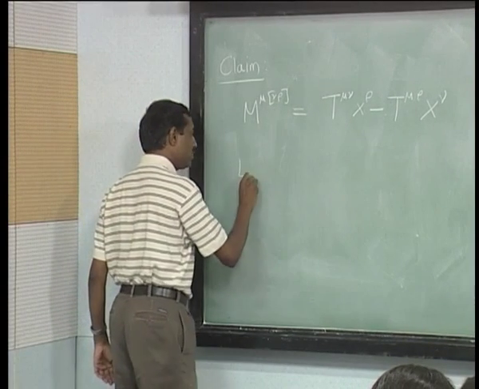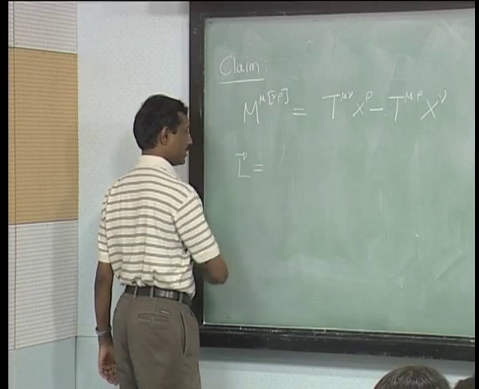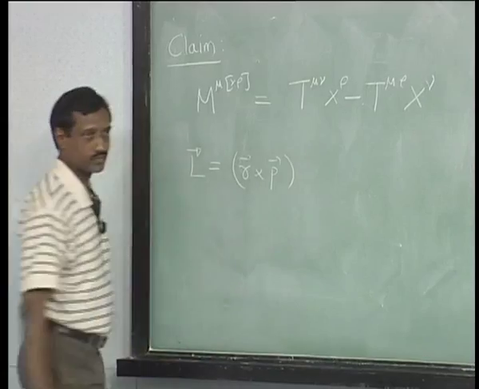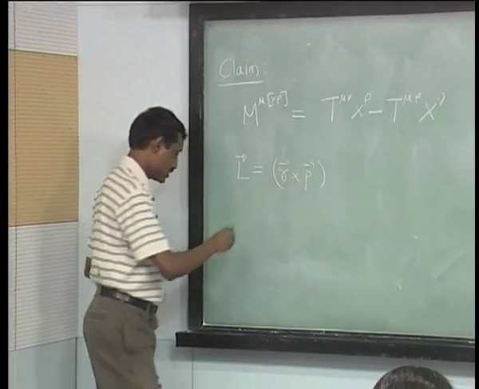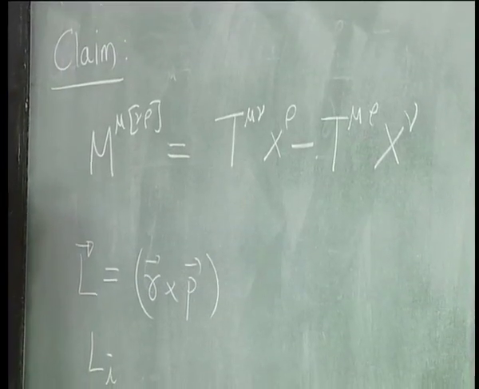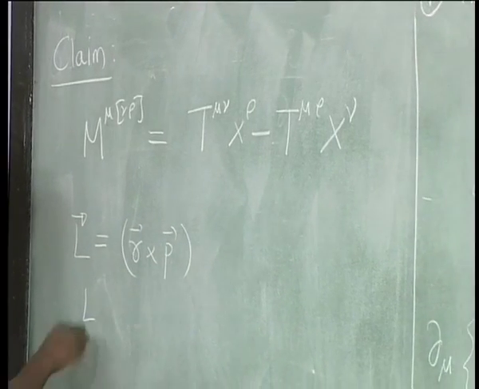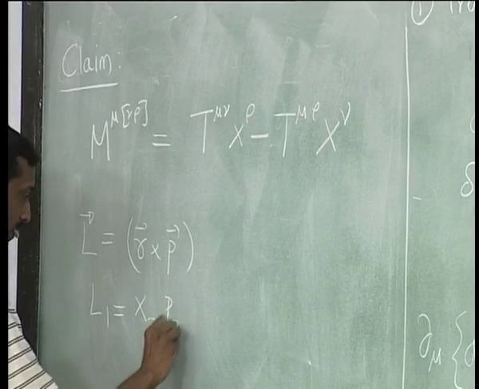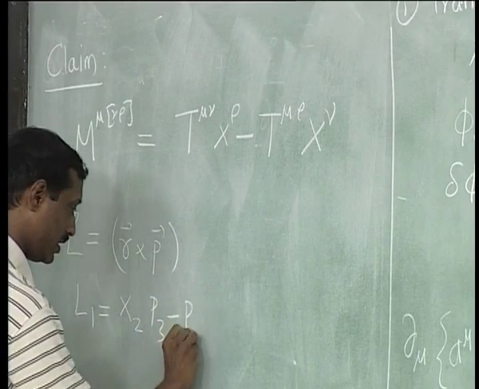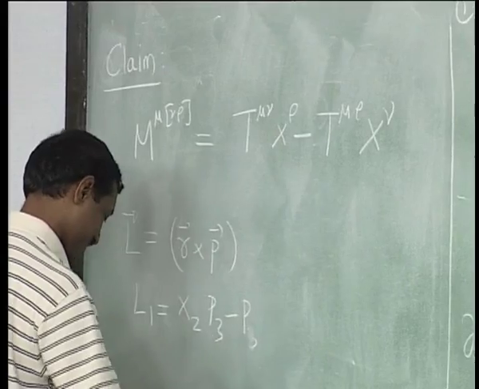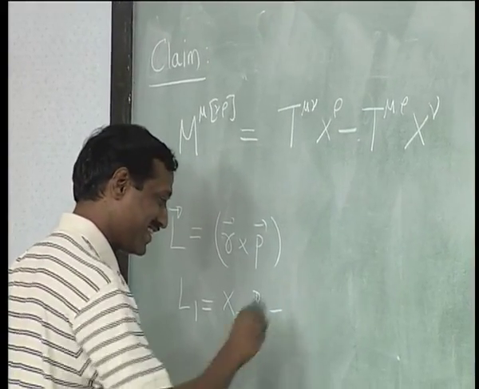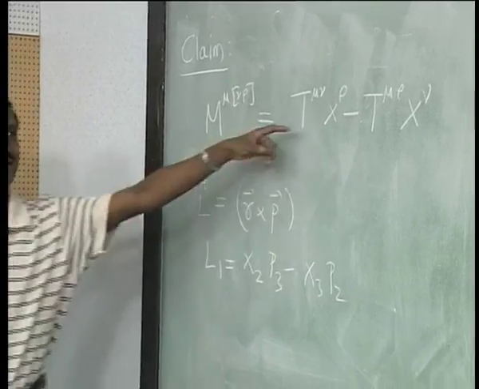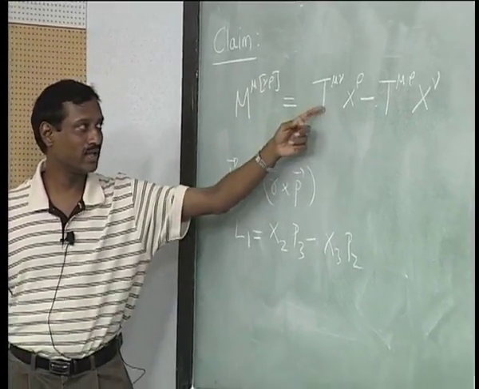Angular momentum L would be equal to R cross P. But if you wrote it out in terms of components, you will see L 1 is equal to x 2 P 3 minus x 3 P 2. This looks exactly like this. You see there is an x out here and T is like a P.